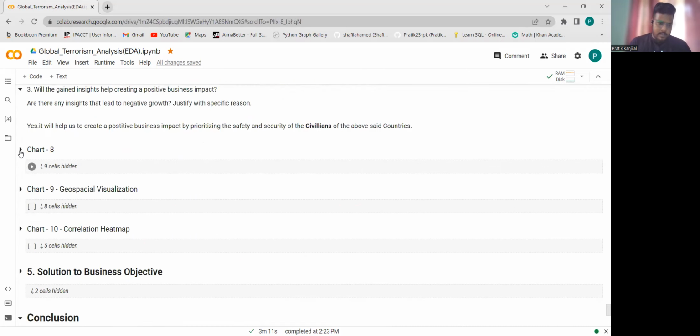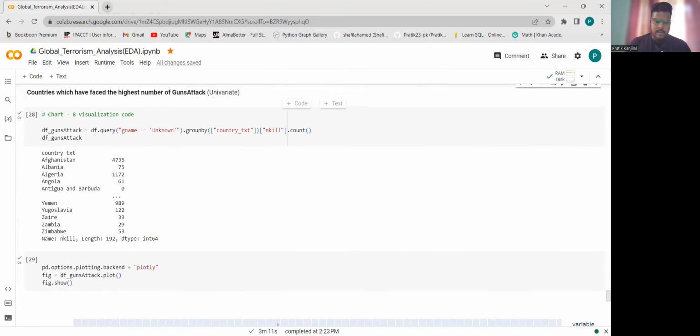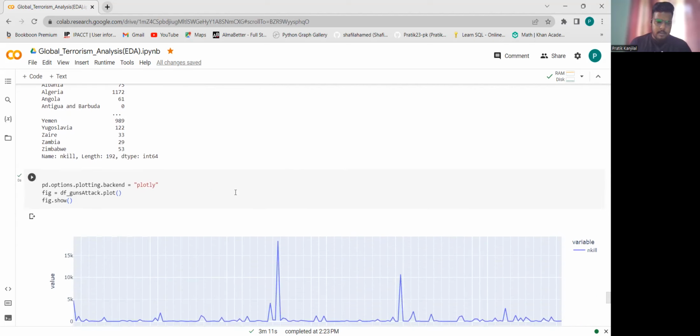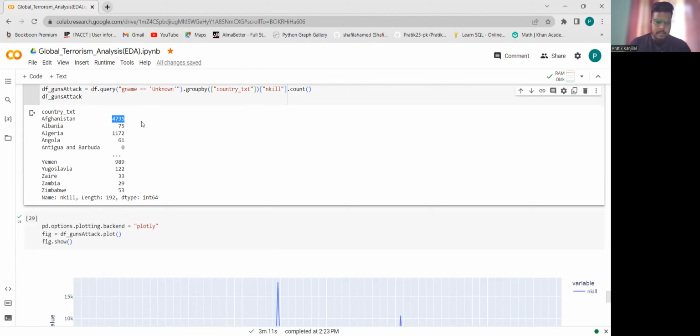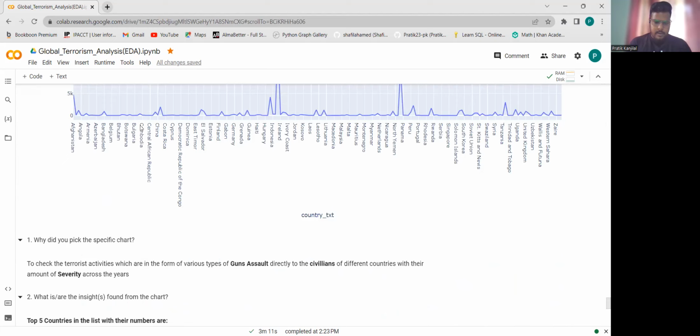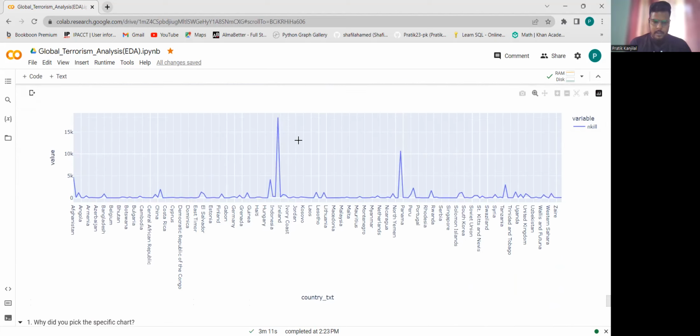Followed by the next visualization, this is the highest number of gun attacks a country has faced. That means a country has been attacked with guns and armed assaults, not explosives. And this is again a univariate analysis. We can see over here Afghanistan has quite a significant number of gun attacks.